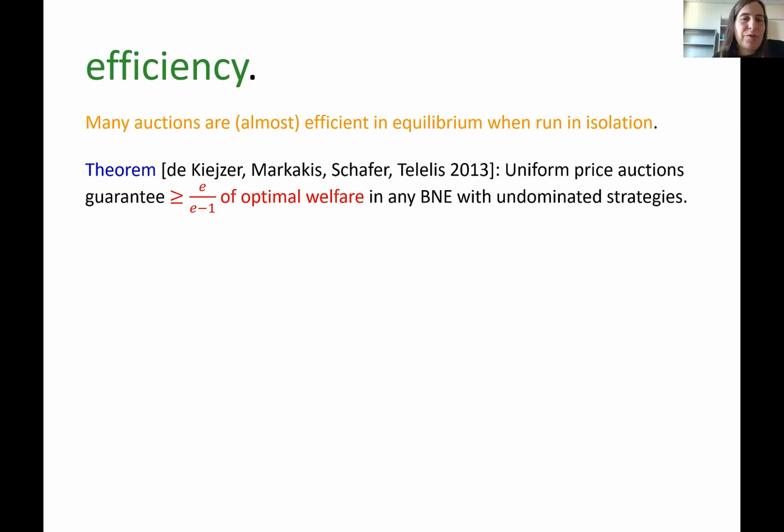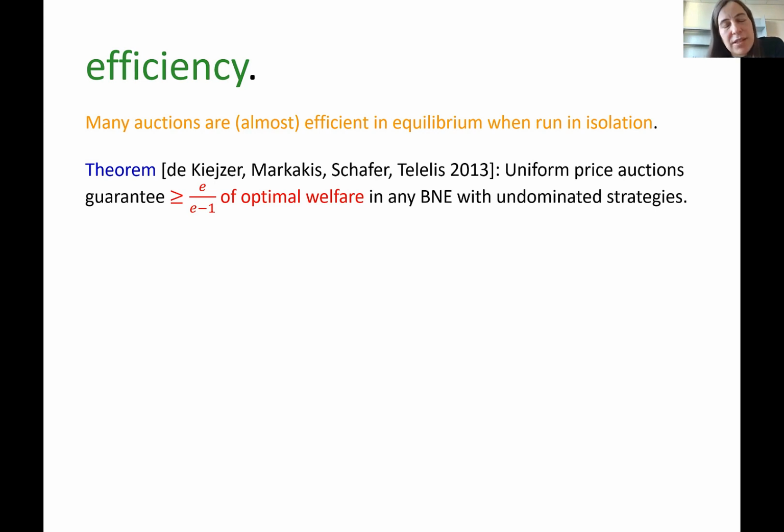So there's a theorem from the computer science literature by De Keyser, Markakis, Scheifer, and Telelis, which proves that uniform price auctions guarantee at least a constant fraction of the optimal welfare in any Bayes-Nash equilibrium with undominated strategies.